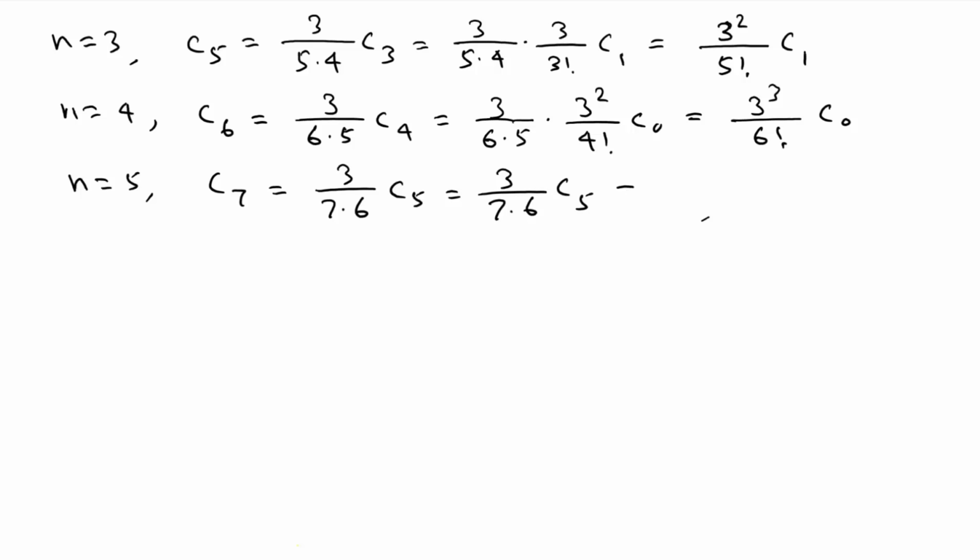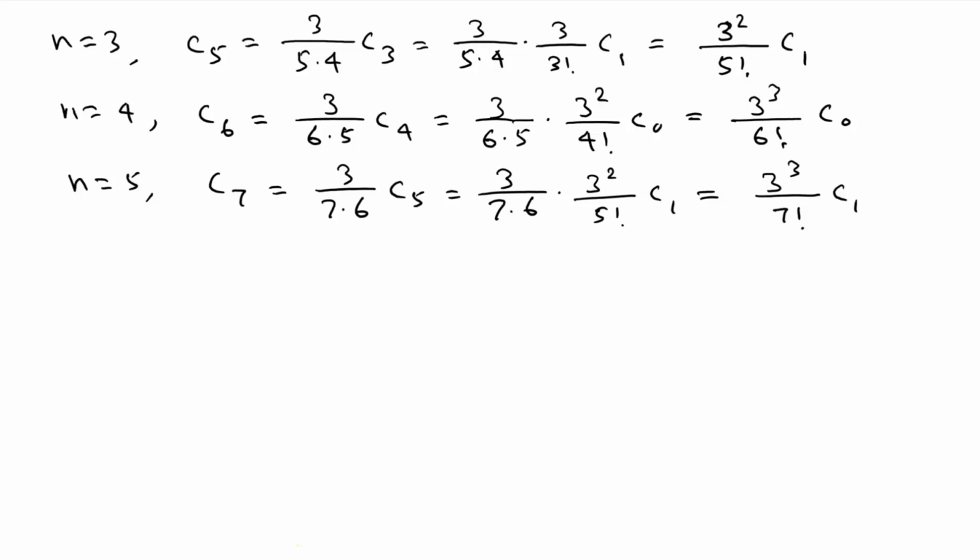Let's plug in C5, which is 3 squared over 5 factorial, C1. If you simplify this a little, you get 3 cubed over 7 factorial, C1.